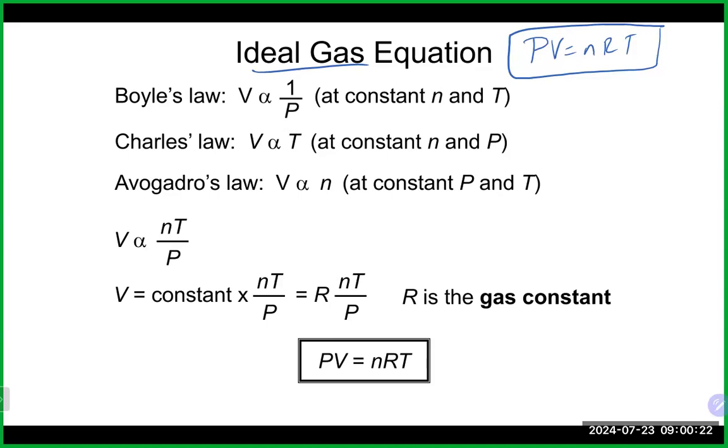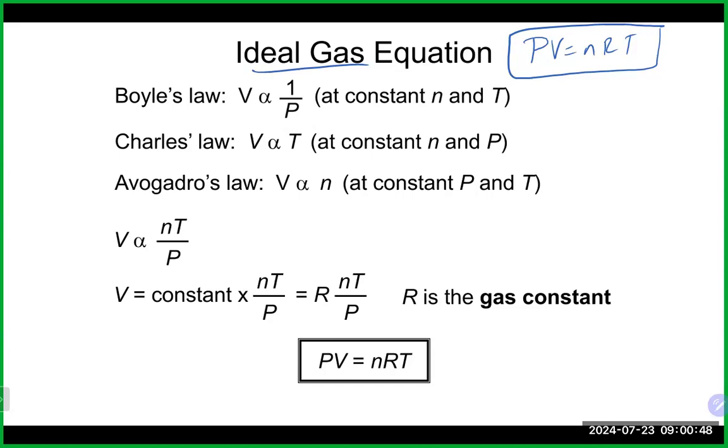In a lot of problems, what they talk about is not the volume of the gas itself, but the volume of the container that the gas is in. Whatever volume that container is, it's assumed that the gas is going to fill it uniformly, and the volume of the container is more relevant in an ideal situation.